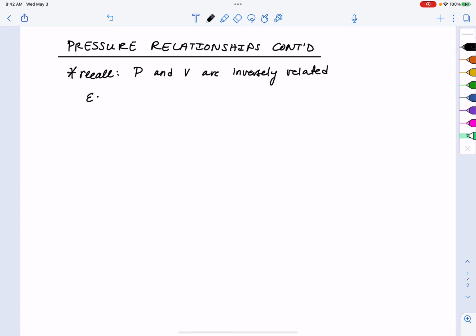So for example, if I were to take a sample of gas in a piston at some initial volume V1, so remember this is full of gas particles that are constantly bouncing around, according to kinetic molecular theory.